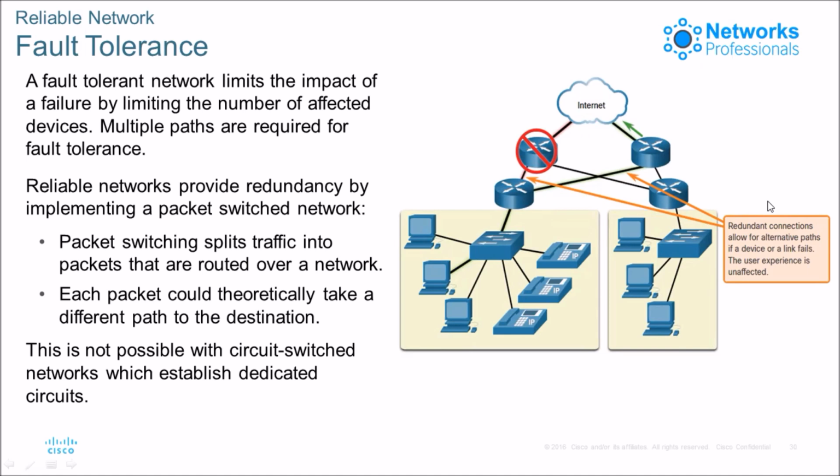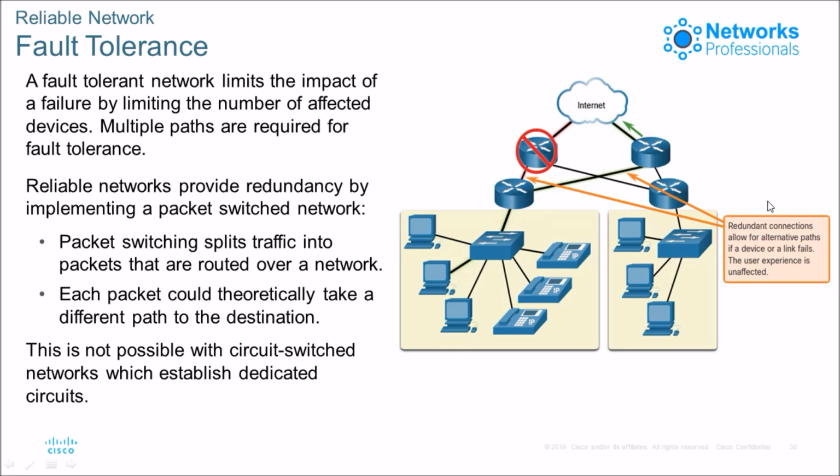Reliable networks provide redundancy by implementing a packet switched network. Here you also need to remember that basically we have two main technologies to switch or forward our data packets. The first one is circuit switching, also known as a circuit switched network, which is an old technique, and using this technique we cannot take advantage of fault tolerance.